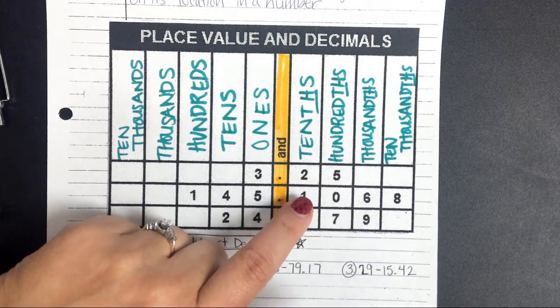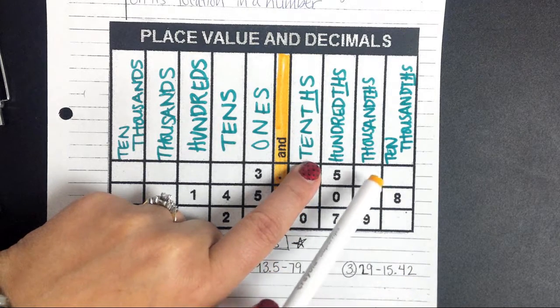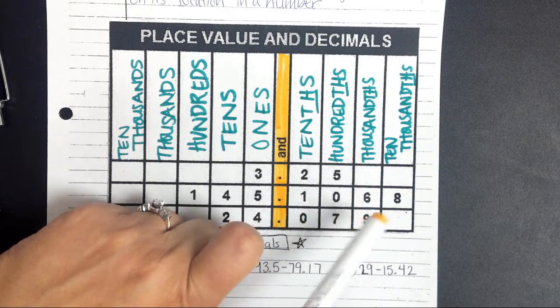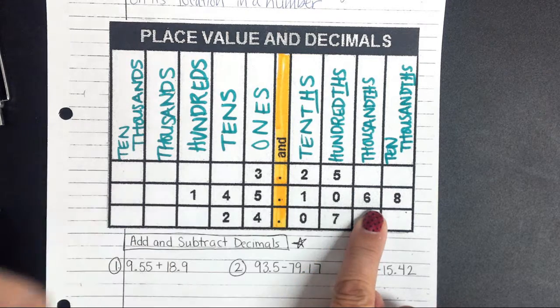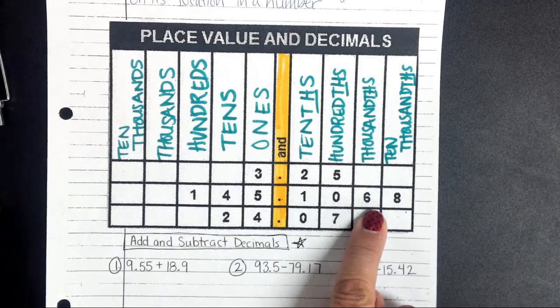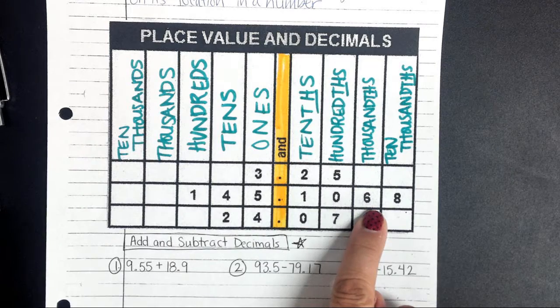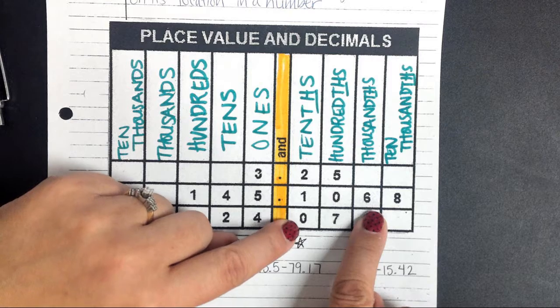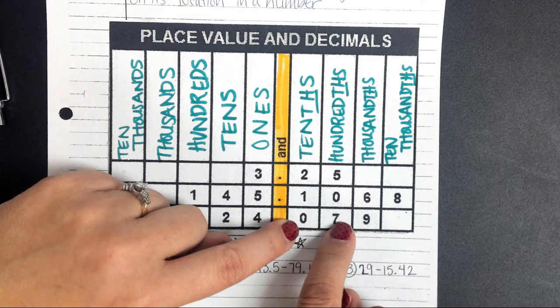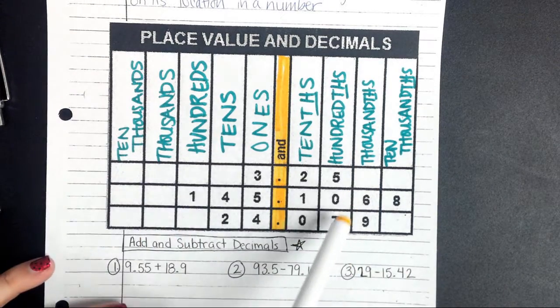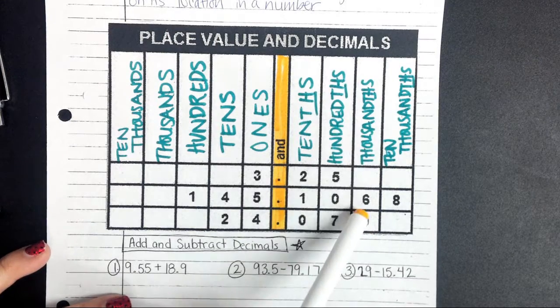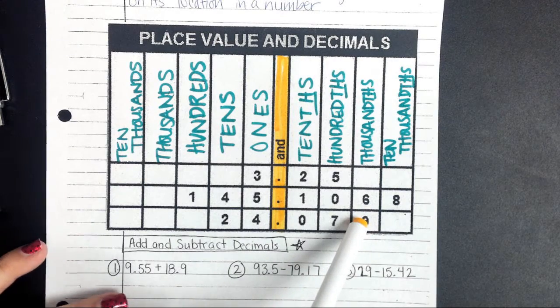Let's say I have 0.07. That's 7 hundredths. That's like 7 cents. That's 7 pennies out of 100. If that 7 were right here and the 0 right here, what would that be? 7 dimes. That would be 70 cents. So there's a big difference in where that's placed, and you want to make sure you go all the way to the last spot, and that'll be its last name.